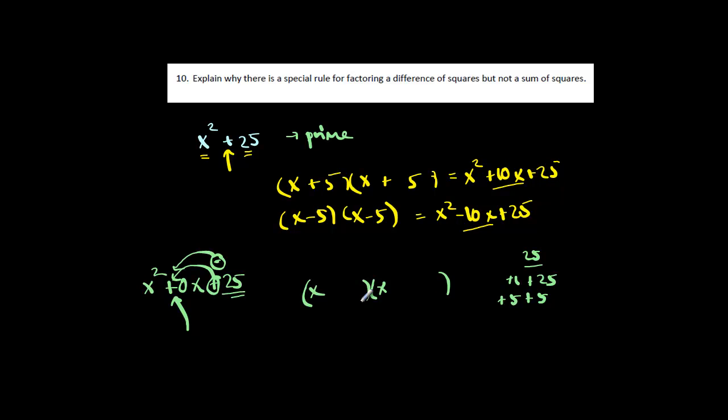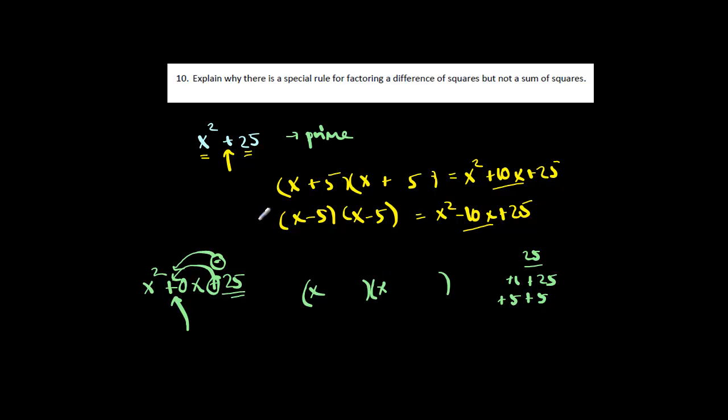So, in a nutshell, there's not a rule for the sum of squares, because once you factor out the GCF from a sum of squares, the sum of squares is prime. That's the reason why it's not factorable. You can't have a special rule for factoring if it's not factorable over the set of real numbers.